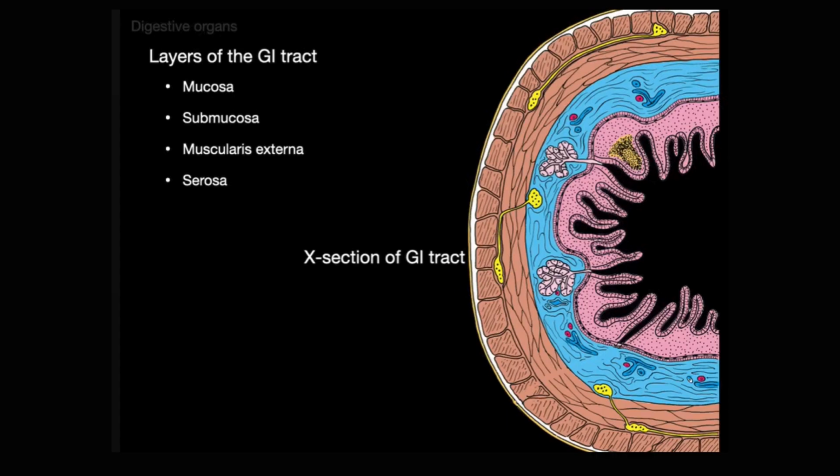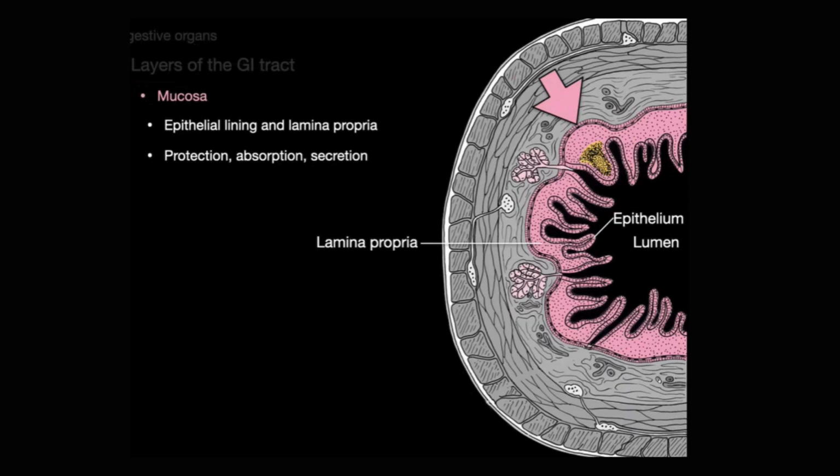Now, looking through the GI tract under a microscope, you can see that we have four different layers of the esophagus. The first we're going to look at is the mucosa, then the submucosa, the third is the muscularis externa, and the last is the serosa. The mucosa is the lining of the lumen itself and consists of epithelium.